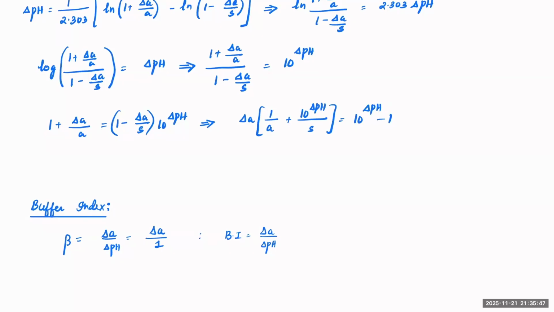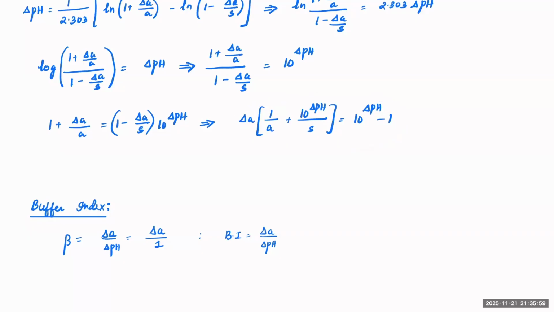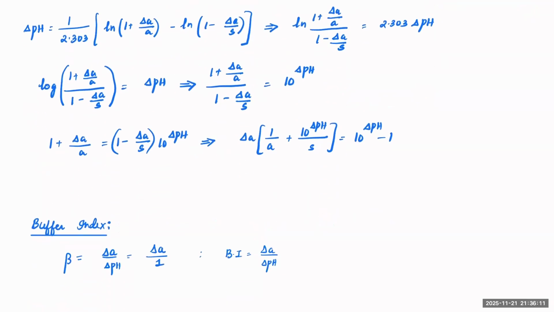So from here again I can calculate delta A by delta pH. If I divide everything by delta pH, again I'll get one more formula. Got it? This is without approximation. Clear? So it doesn't matter whether you add with or without approximation, the values will be very close by. Got it? But in case you have to use that formula, use this one.